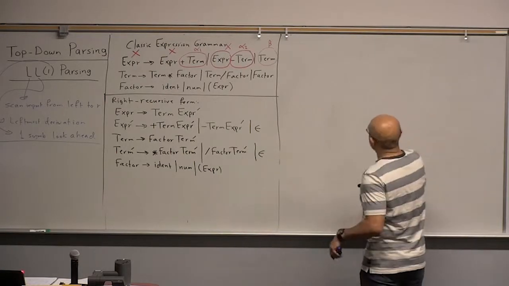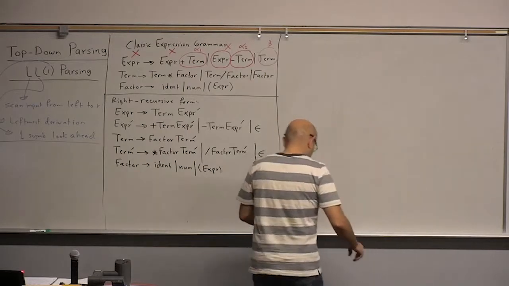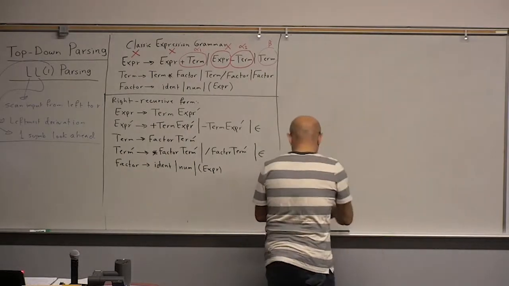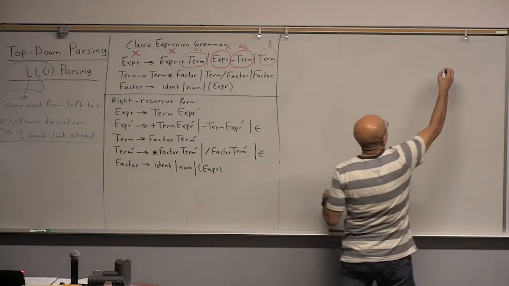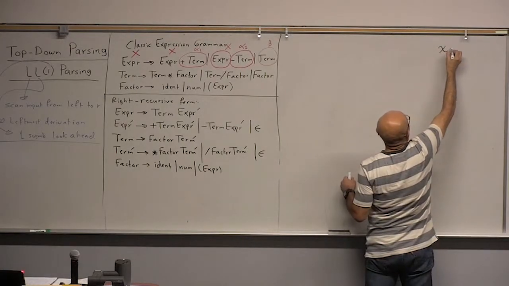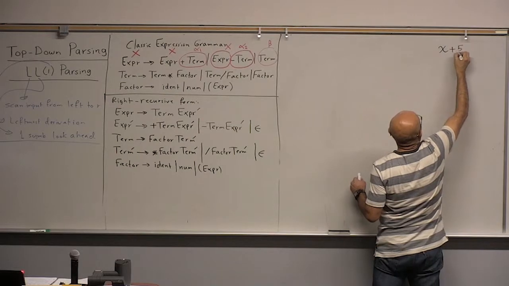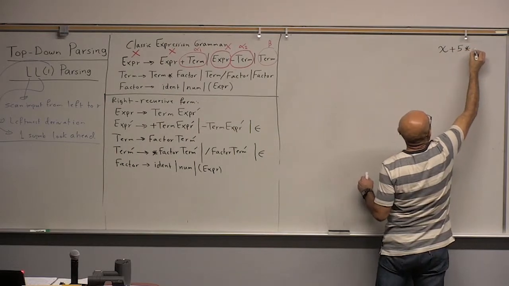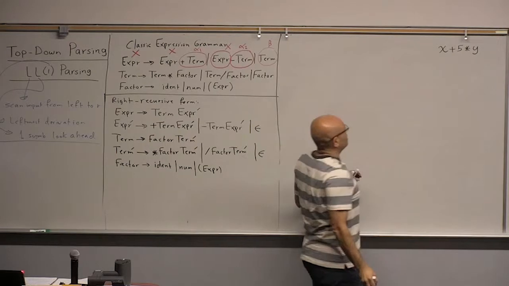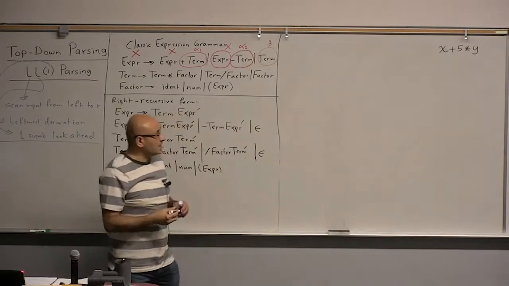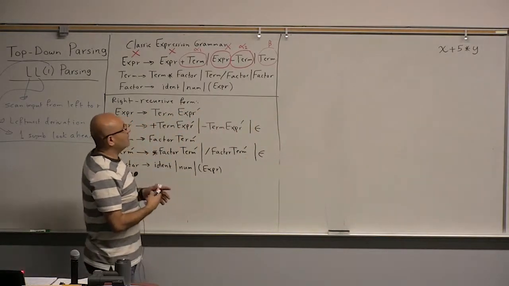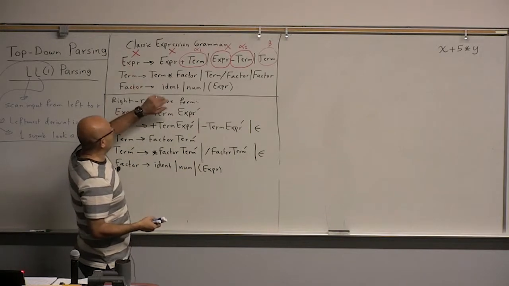It looks odd, but we will see how it will work nicely when we use it for parsing. So let's see how we can parse this string, this expression, x plus 5 times y. This is the correct expression that can be derived from this grammar.